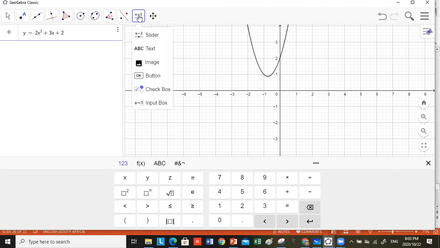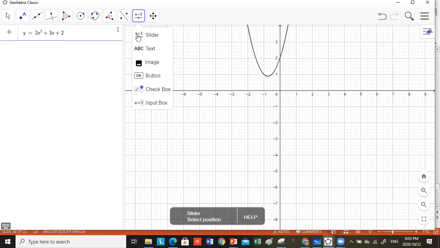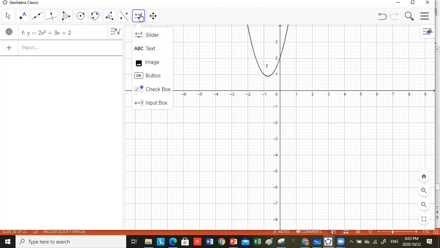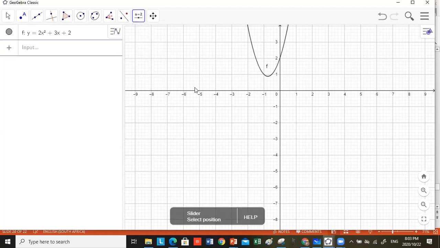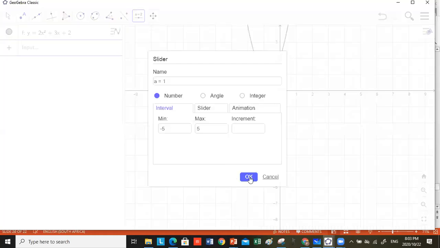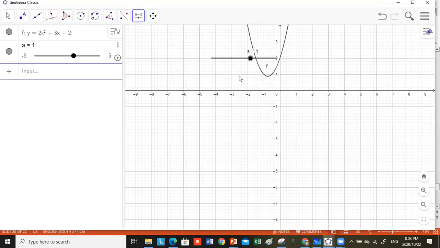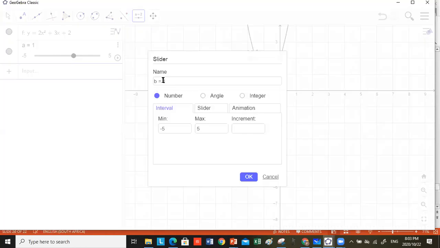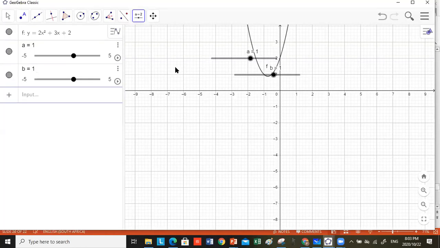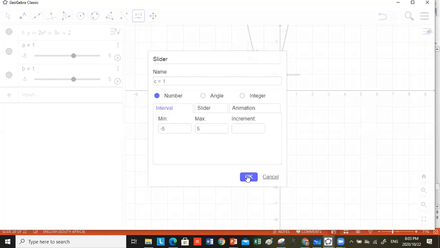Let me have the sliders here: A equal to 1, that is fine, and another one, B, and another, C. This is 1 on 1.